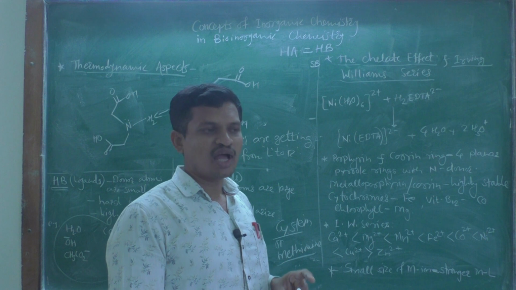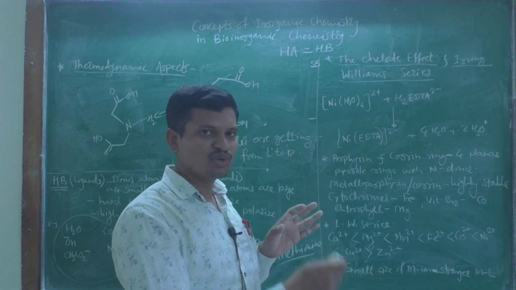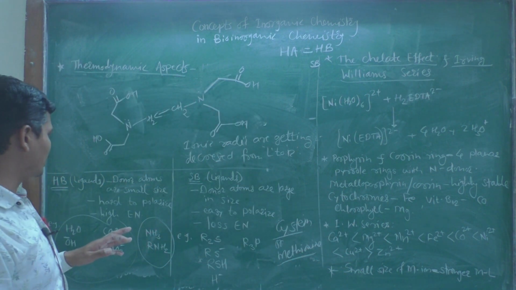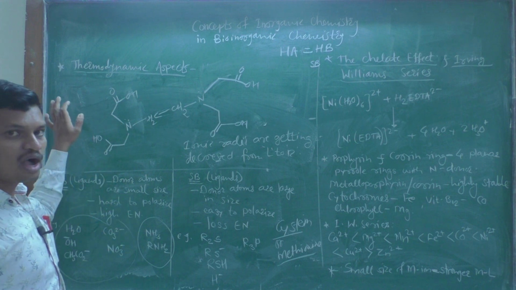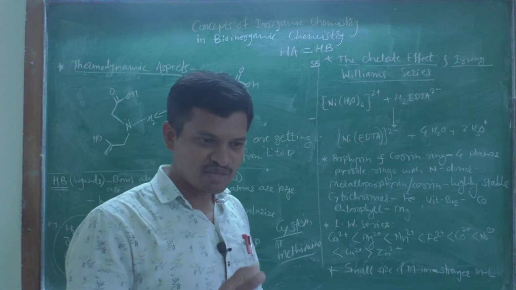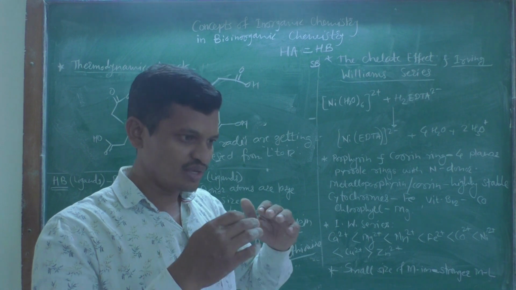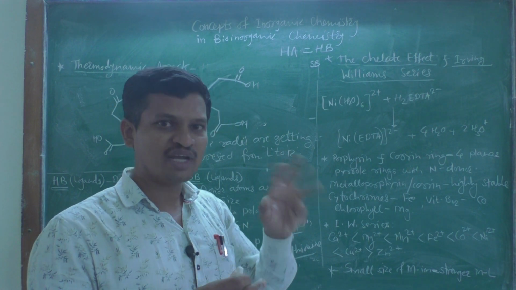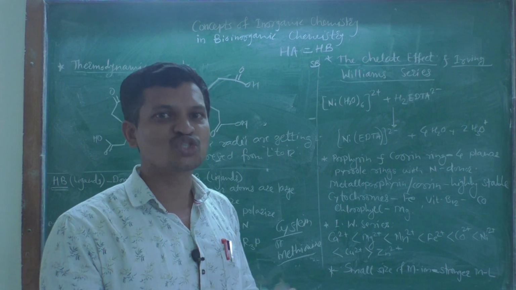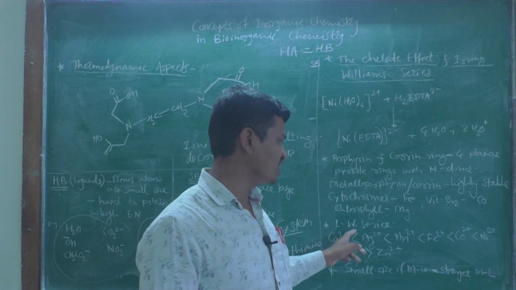Due to this, as size decreases, and we know that small size cations are known as hard acids, the bonding between the metal cation and the ligand gets stronger and stronger, and this effect or series is known as the Irving Williams series.